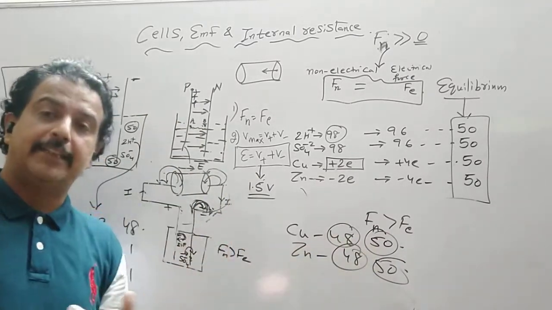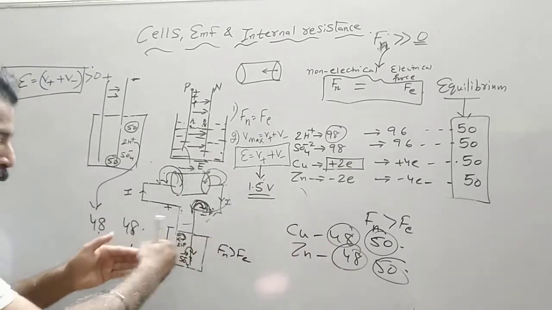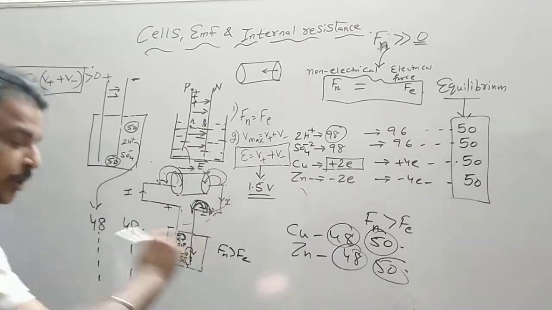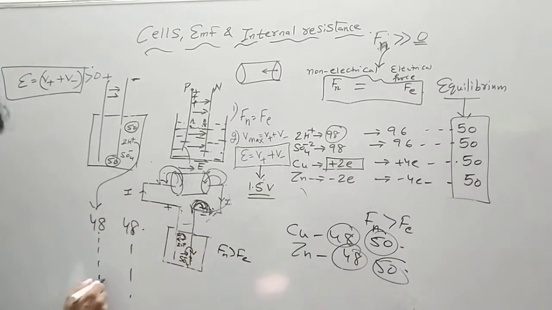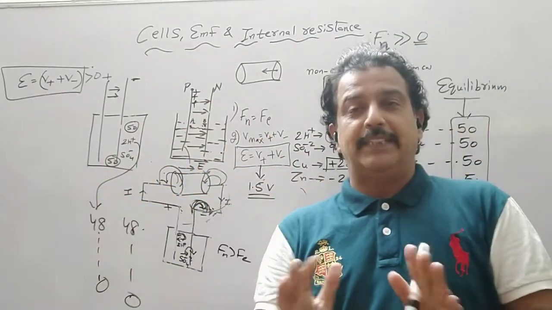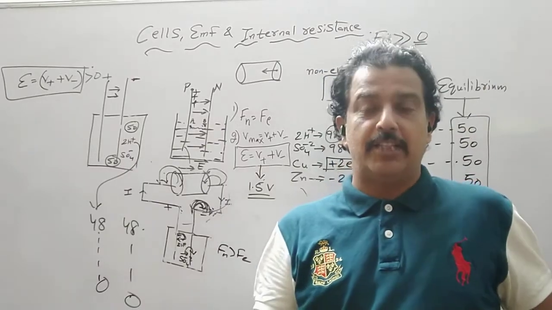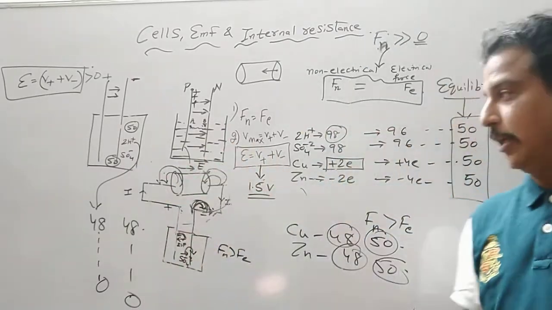If I take the next cycle, again they become 48. Now they will move. So inside, the motion is continuous, and this number will keep on decreasing, and at the stage when H+ and SO4 minus ions become 0, we say that the cell is completely discharged, or the entire chemical energy is used up.